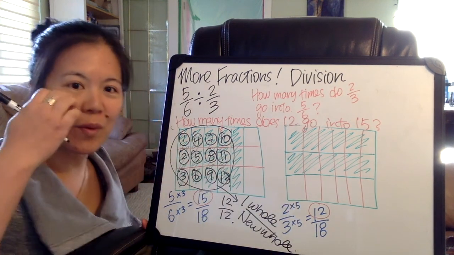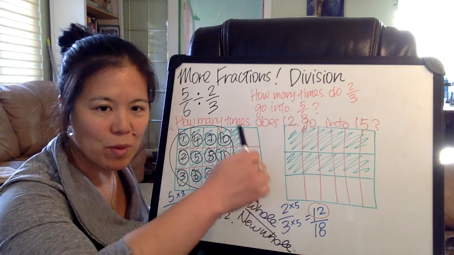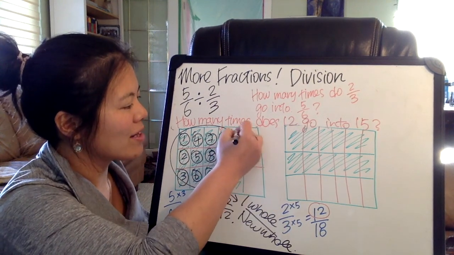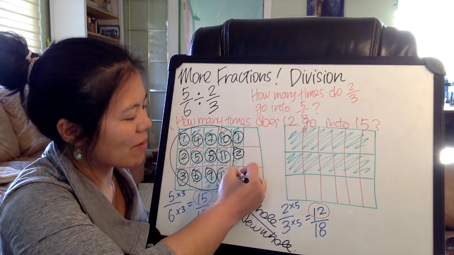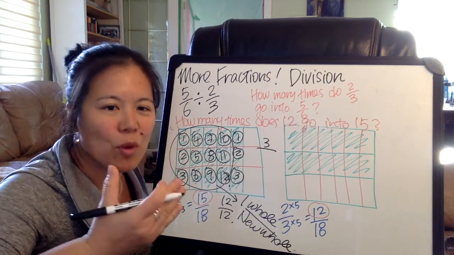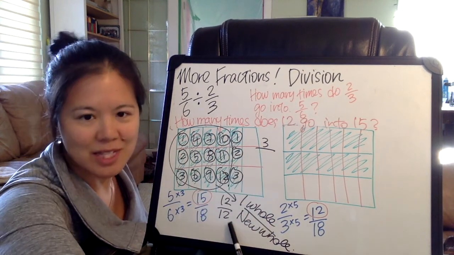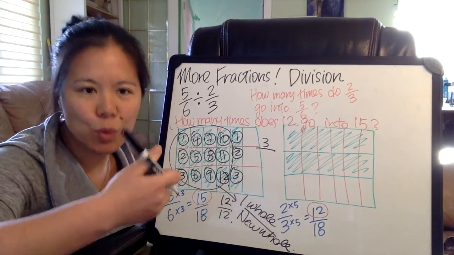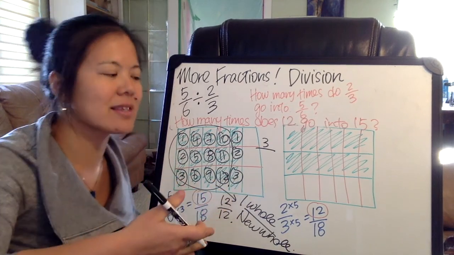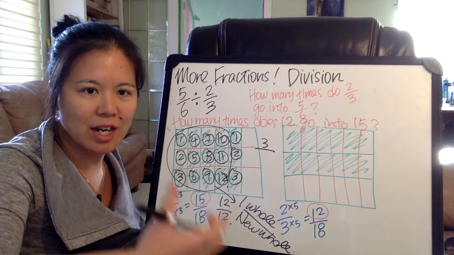That gives us an idea as to what we're going to do with the remaining 3 pieces. So I have 1, 2, 3 pieces left, right? But out of what? When we are considering 3 out of what comes into play. When I have 12 of these sliced pieces, 12 out of 12 gives me a new whole.